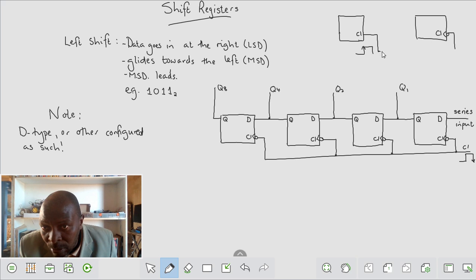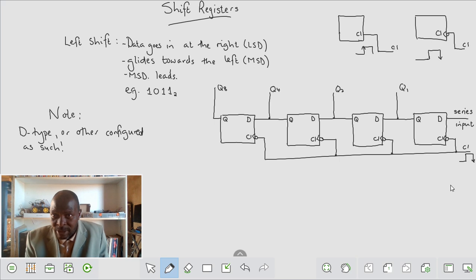This could be our clock, or that could be our clock. In which case here it's a master slave, and it's responding to the trailing edge. So it could be leading edge or trailing edge. You have to be careful how it's done there. We'll deal with both cases when we're doing the timing diagram so that people know the difference.